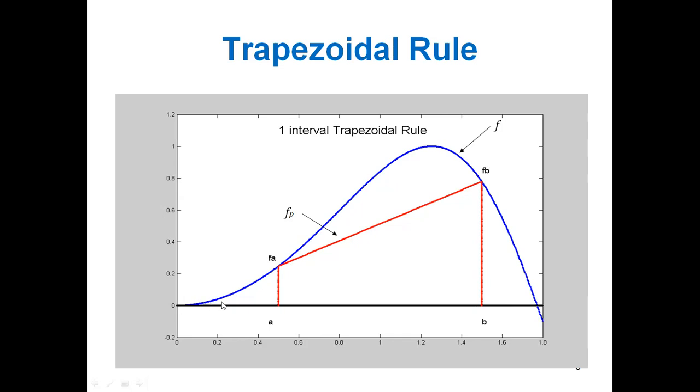The area under the curve is bounded by f of a and f of b. a is the lower limit of integration and b is the upper limit of integration. We are interested, class, in this region. We are interested in the area of this region.